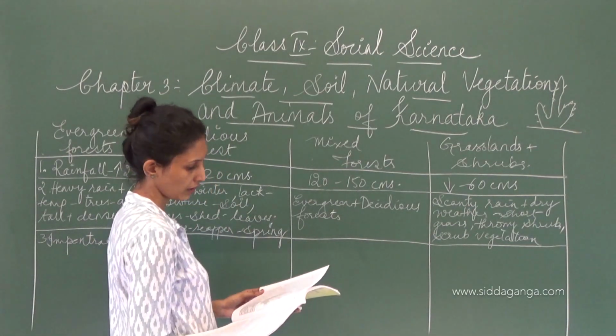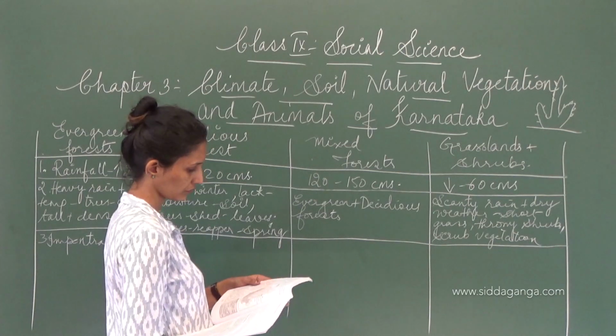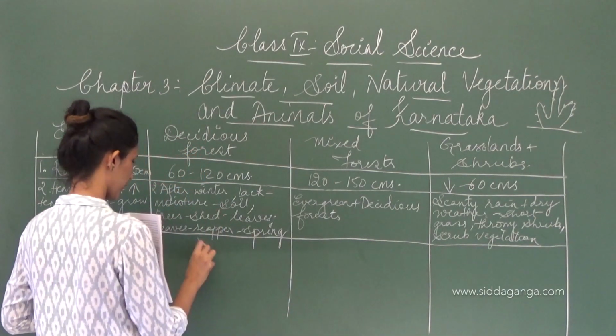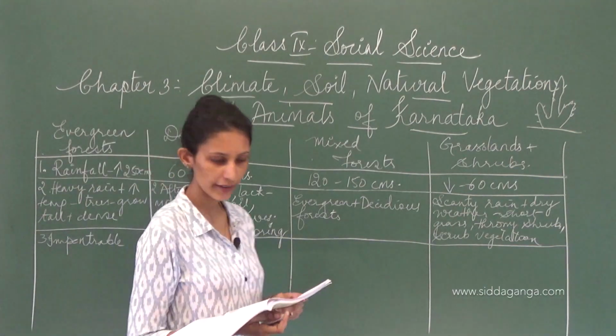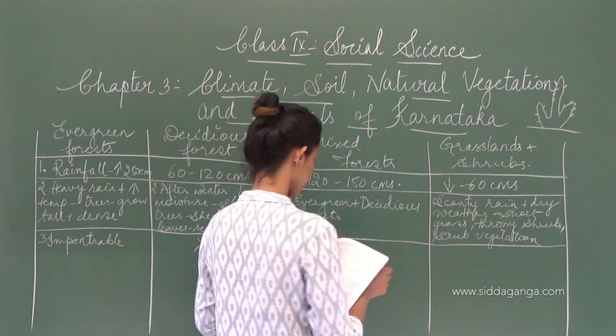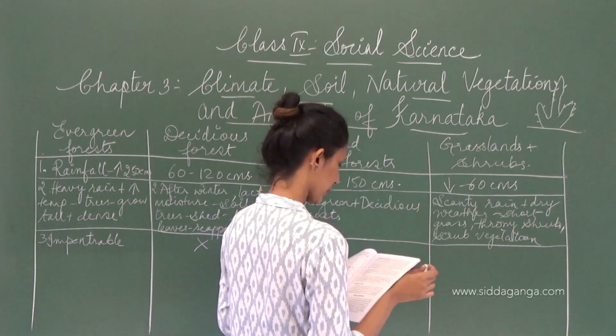Because it is dense. Then in this one, there is nothing, so put an X mark. No point like that. In this also there is no third point.